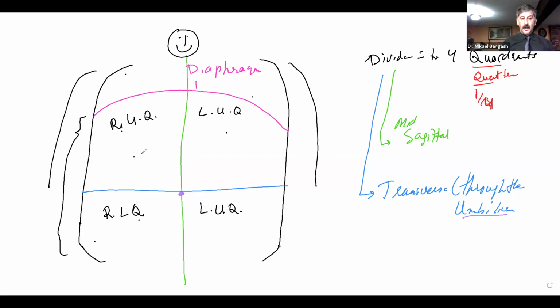So that's how we got right upper, left upper, right lower, left lower quadrant. Did you guys get that? Or any questions? Okay, good.